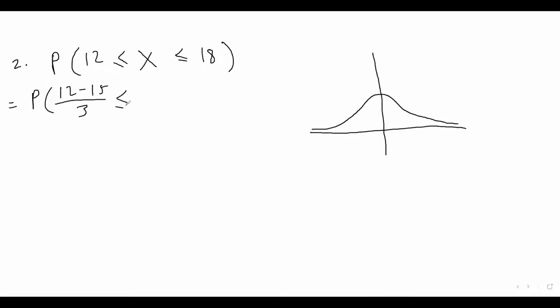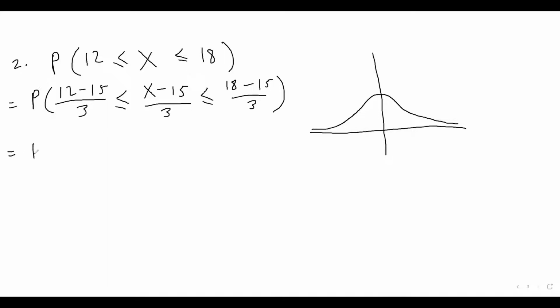We have to do the same thing to x, because when you're standardizing, you have to do the same thing throughout the inequality. So now we have x minus 15 divided by 3, and this is at most 18 minus 15 divided by 3, because our mean is 15 and our standard deviation is 3.